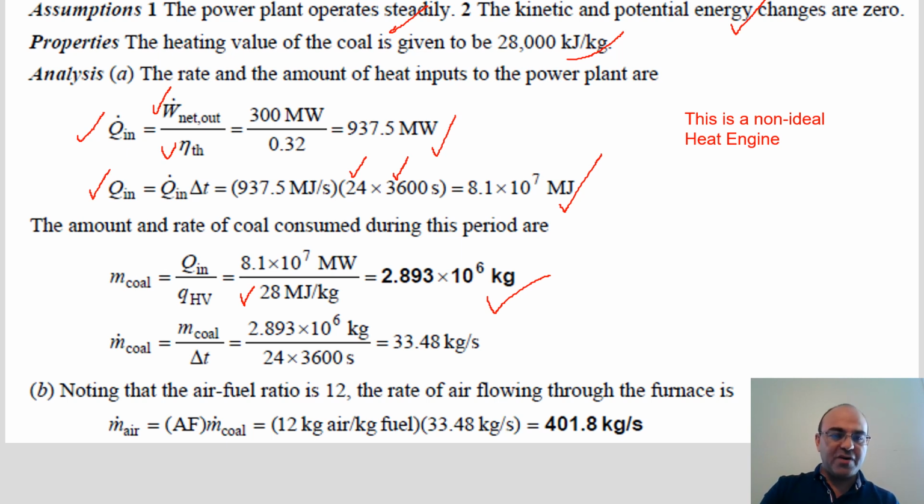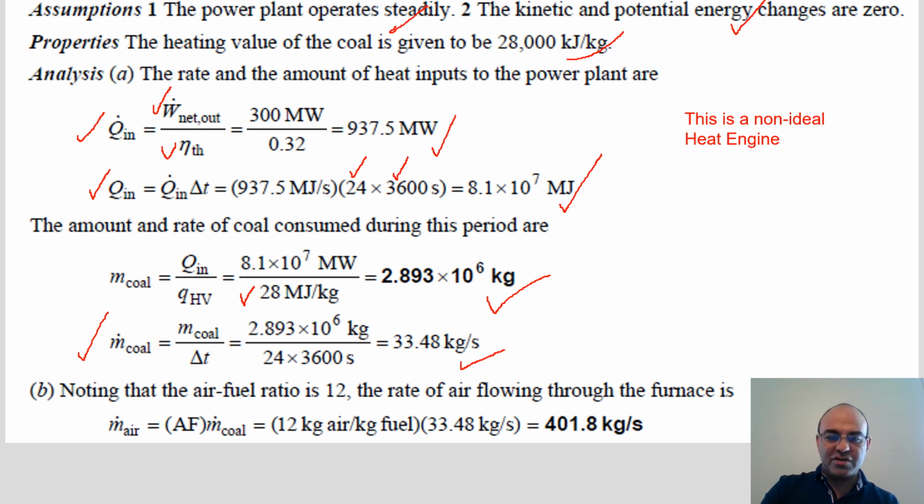If we want to find the mass flow rate of the coal, we divide by delta T, which is 24 hours, and we need to convert it to seconds. So the mass of the coal is divided by 24 hours and then multiplied by 3,600 seconds. This will give us the coal mass flow rate in kilograms per second. The problem also asks us to calculate the air flow rate.